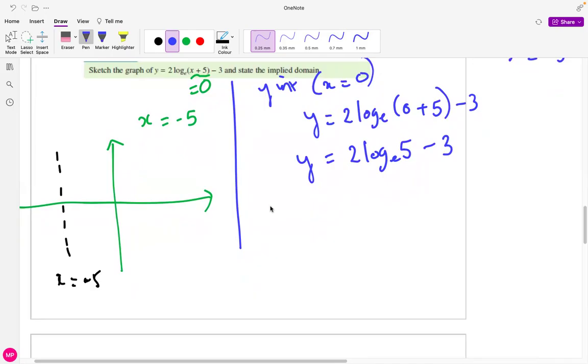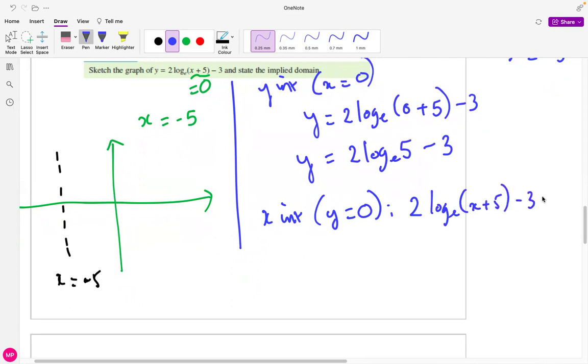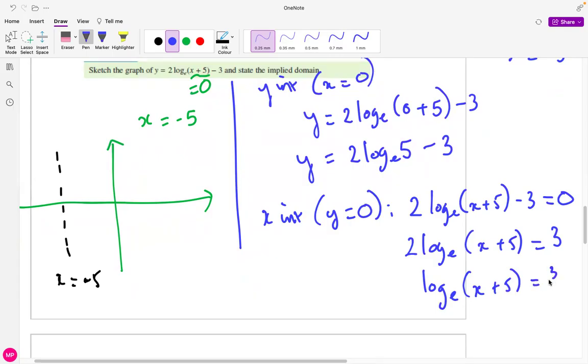And then I'm going to find the x-intercept. So for the x-intercept, I let y equal 0. So I would have 2 log a of x plus 5 minus 3 equals 0. I move the 3 over, so 2 log a of x plus 5 equals 3. Then I divide by 2, so log a of x plus 5 equals 3 over 2.